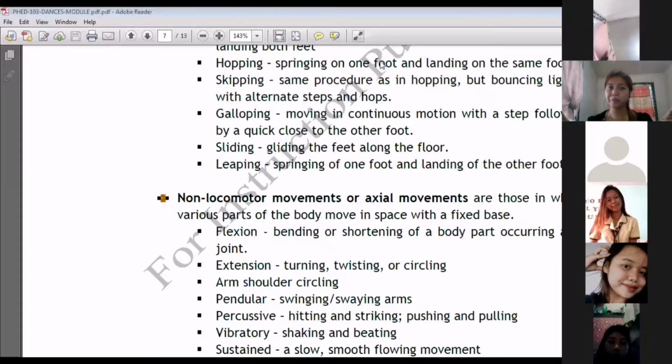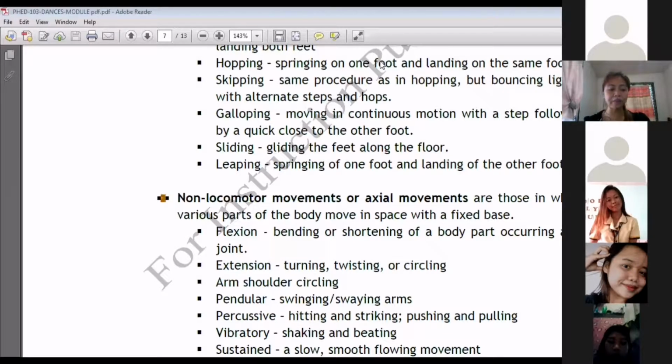Everything clear? Yes, ma'am. Okay, let's move on to yung naiiba, yung sliding. Pag sliding naman, you drag either of your feet to the floor. When you drag, i-move mo siya, parang nagdo-drawing yung paa mo sa floor.